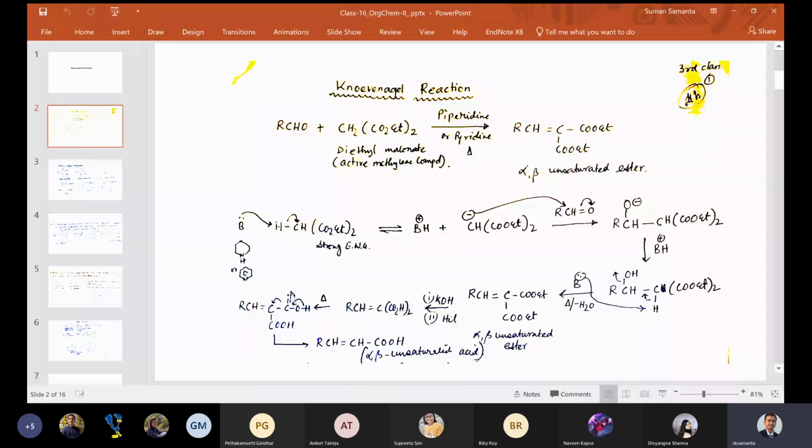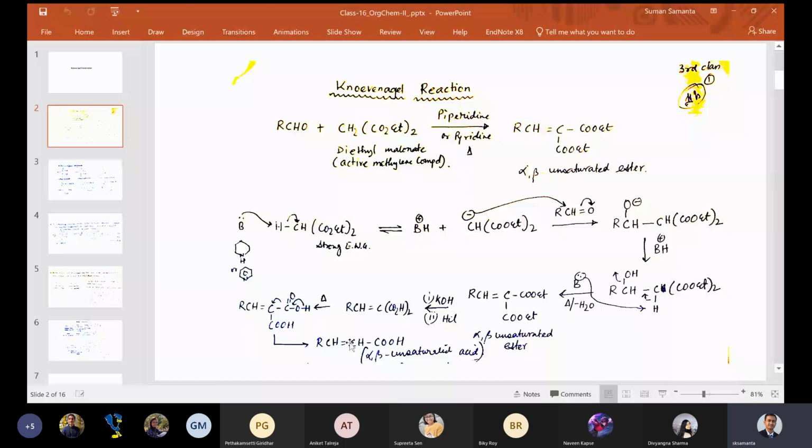Okay, you can make that 6-membered cyclic transition state here. So that basically leads to the decarboxylation, so that you get an alpha beta unsaturated carboxylic acid. Okay, so you can also achieve the cinnamic acid from here, like you got it from your Perkin reaction. From here also you can obtain the same compound. Okay.